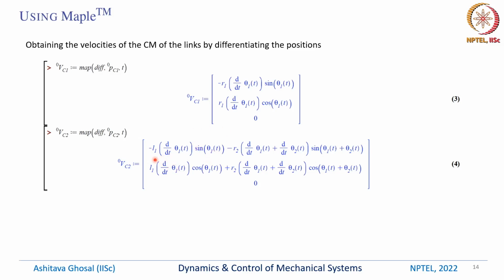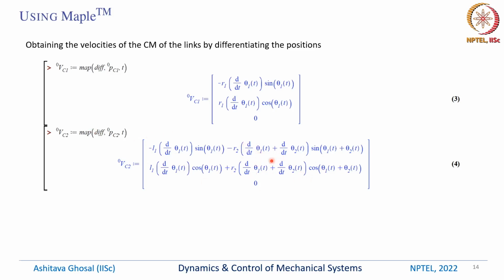So when you take the derivative, it will be minus L1 theta 1 dot sine theta 1, then minus R2 times theta 1 dot plus theta 2 dot. You can see even these brackets come up nicely. So you know exactly what is theta 1 dot and theta 2 dot, and then we have sine of theta 1 plus theta 2. The y component is similarly the derivative of sine, so you will get cos and then theta 1 dot and so on.